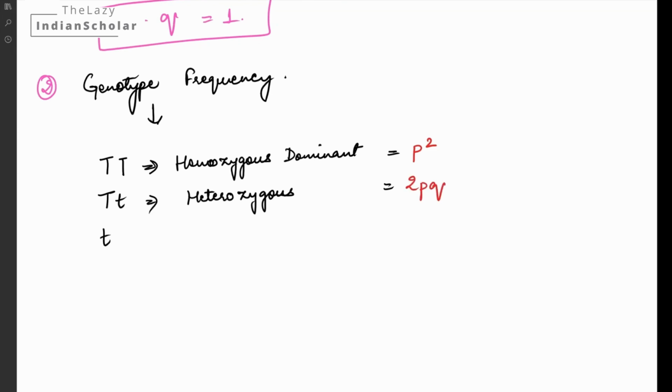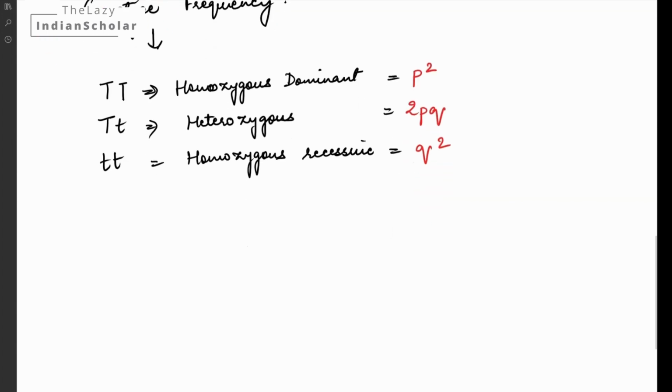The last is the recessive individual, homozygous recessive, and we denote it as q square. So the equation becomes p square plus 2pq plus q square equals 1.